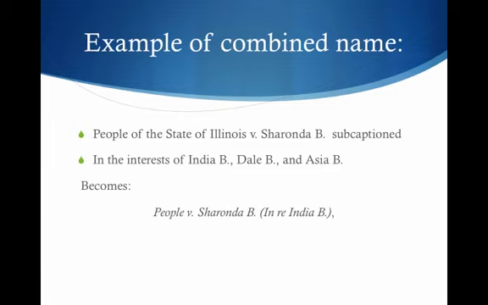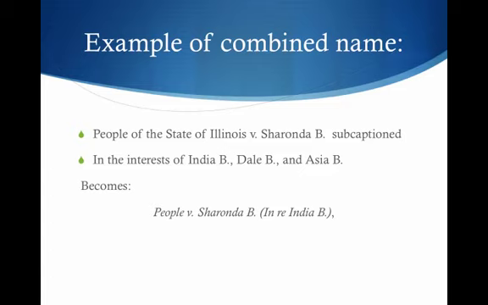Here's an example of a combined name. This is a child protection matter. The main caption of the case was the People of the State of Illinois versus Sharonda B. It was subcaptioned in the interests of India B, Dale B, and Asia B. It would become People v. Sharonda B., because we're going to eliminate the State of Illinois, a rule that we're going to be going over later in this podcast.